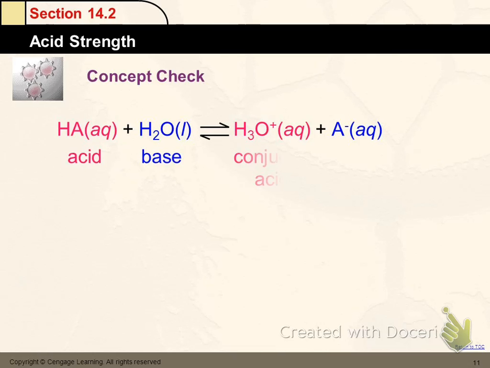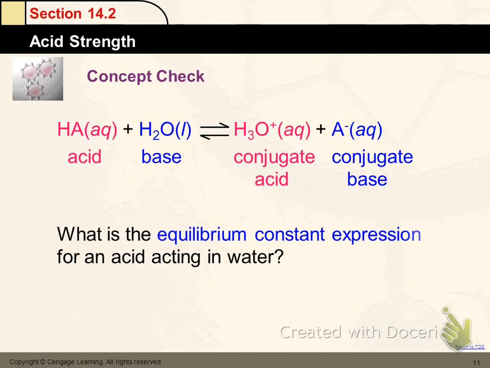Now, a quick concept check. Using our information, using our reaction up top, what is the equilibrium constant expression for an acid acting in water? Take a few moments, pause the video.